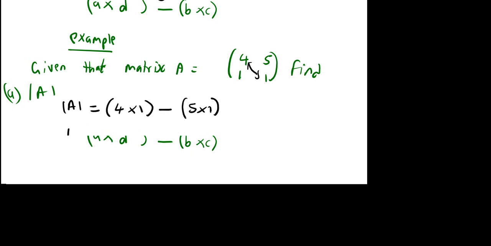So the determinant is going to be equal to 4 times 1, that's a 4, minus 5 times 1, that's a 5, giving you 4 minus 1, and the answer is negative 1, and that is your determinant. Like that, it means that you have found the determinant.